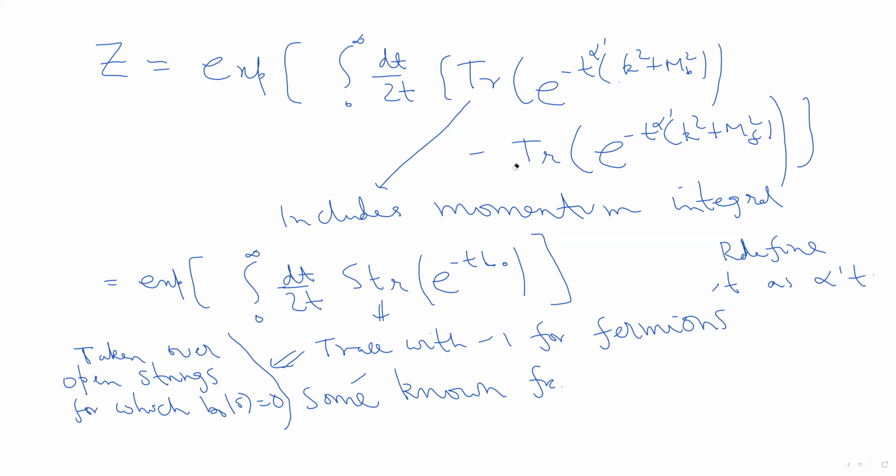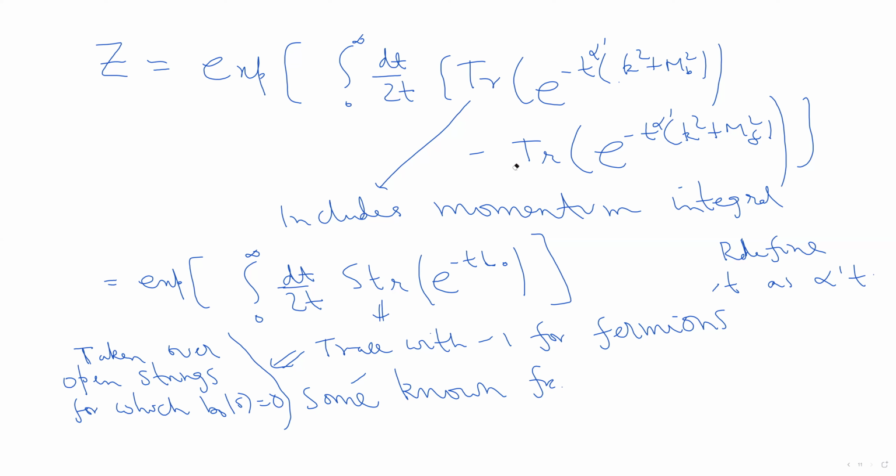Because first of all, if you didn't impose this condition, then the result would be trivially zero. Why? Because take a state which is not annihilated by B0. Apply B0 on that state, and that will have exactly the same L0 but opposite statistics. So that will automatically give us zero.